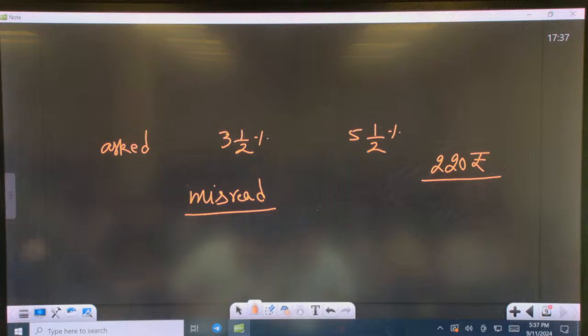Anybody got the answer? Very good. Your maths is good. Good. 140 is the right answer. 140 is the correct answer.